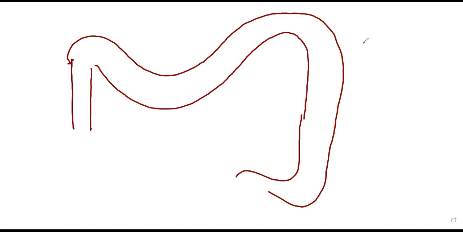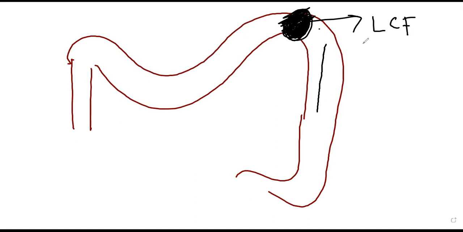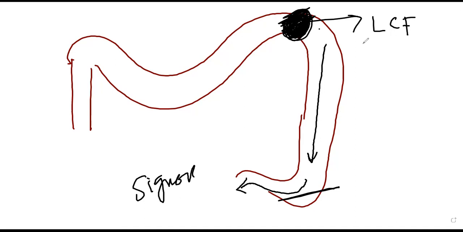The descending colon takes origin from the last part of the transverse colon, and this place is known as the left colic flexure. From the left colic flexure the descending colon starts, and at the pelvic brim it turns to the right and continues to the sigmoid colon, and this is the descending colon.